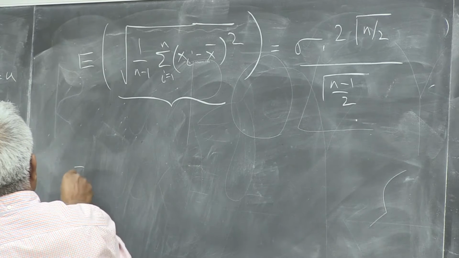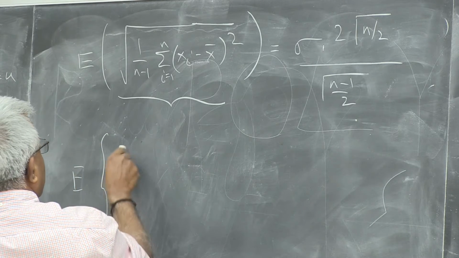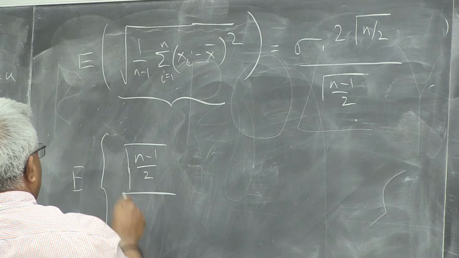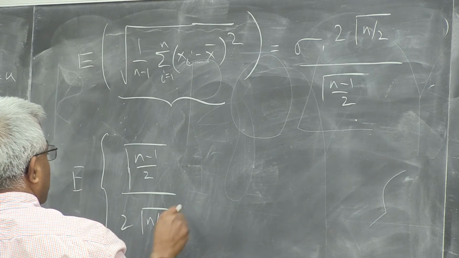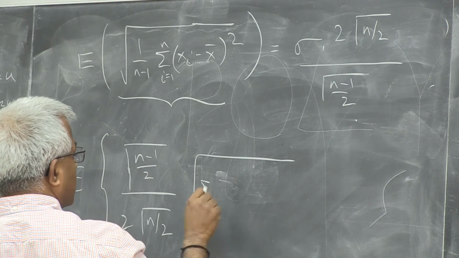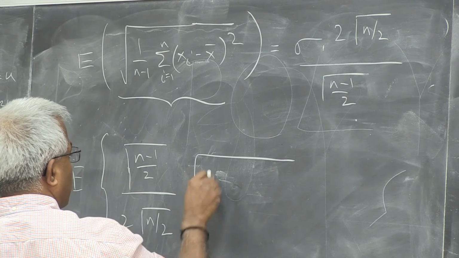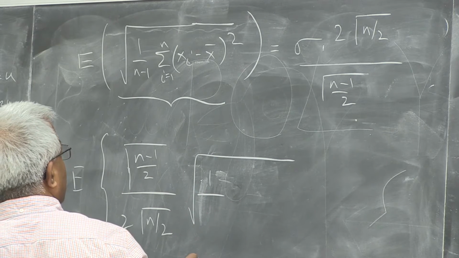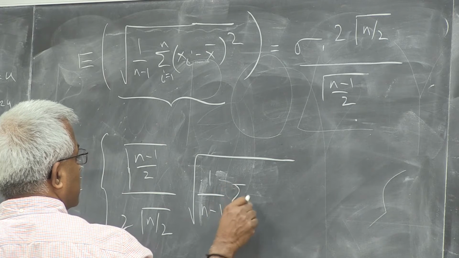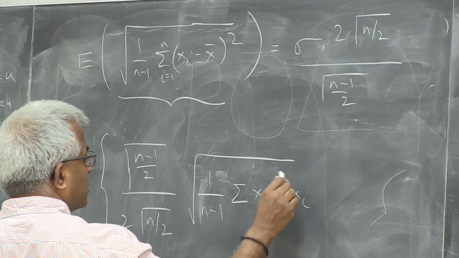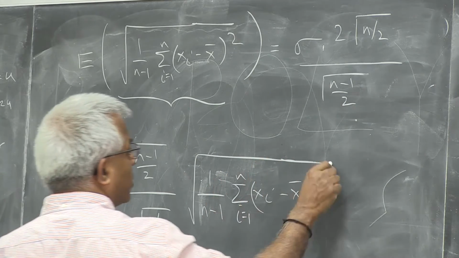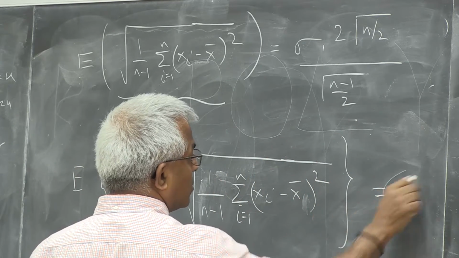So of course you see that now gamma n minus 1 by 2 over gamma n by 2 multiplied by the square root of 1 over n minus 1 summation of xi minus x bar, the whole squared, i equal to 1 through n, has expectation sigma.